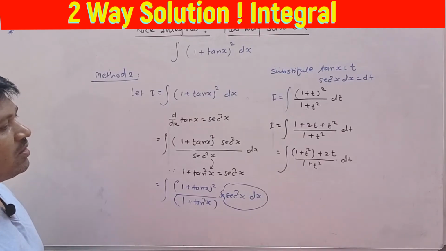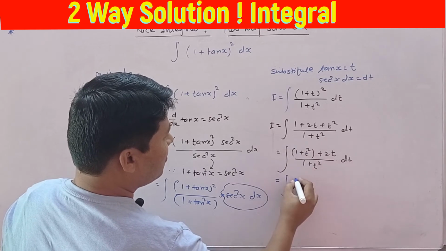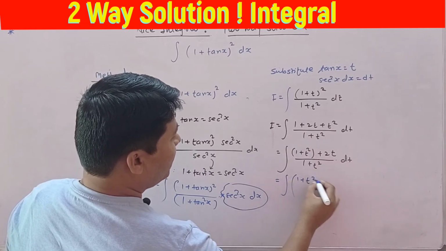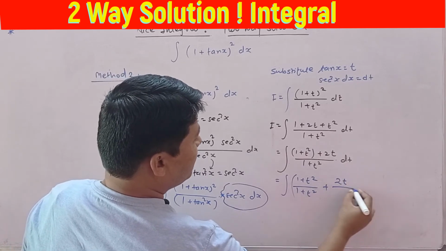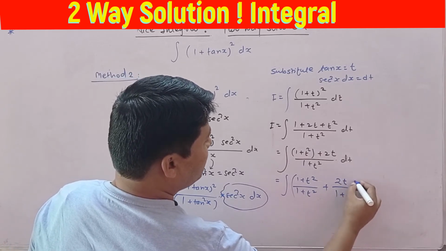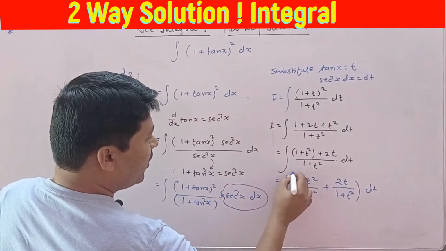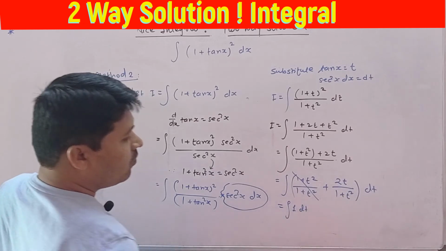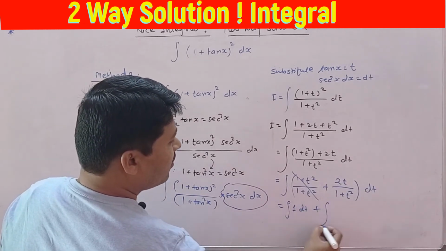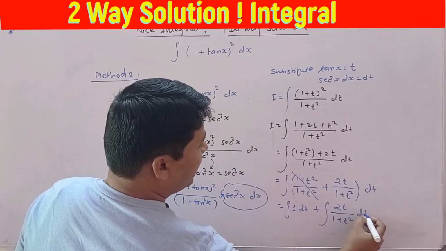Now I can write the 1 plus t square term separately, plus 2t divided by (1 plus t square), dt. Separating this, we get (1 plus t square) divided by (1 plus t square), plus 2t divided by (1 plus t square), dt. Now this term gets cancelled, so we find only the integral of 1 dt plus the integral of 2t divided by (1 plus t square) dt.